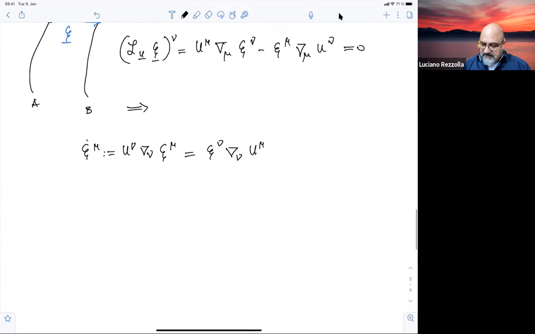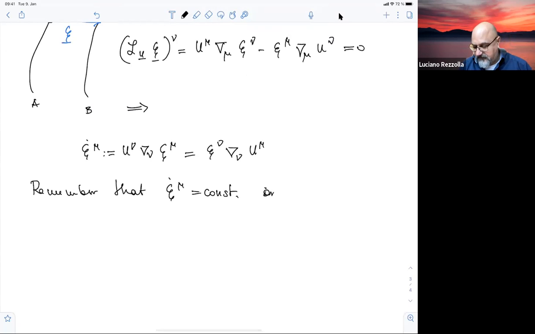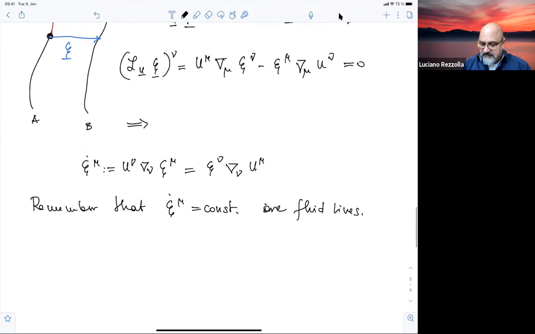Now, seen like that, this equation is not particularly telling, but you have to remember that psi dot mu equals a constant. So the integral curves of this equation are the fluid lines. What we have just seen is that by solving this equation, we can have information on the fluid lines.